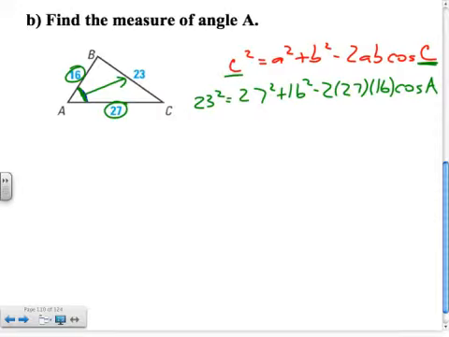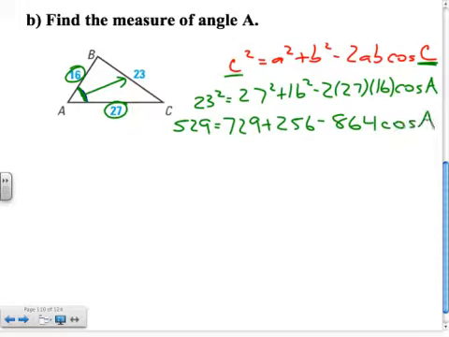Okay, so on the left-hand side, I have 23 squared, which is 529. On the right-hand side, I have 27 squared, which is 729, plus 16 squared, which is 256, minus 2 times 27 times 16, which is 864 cosine A. I'm actually going to go one more step before I stress this point.